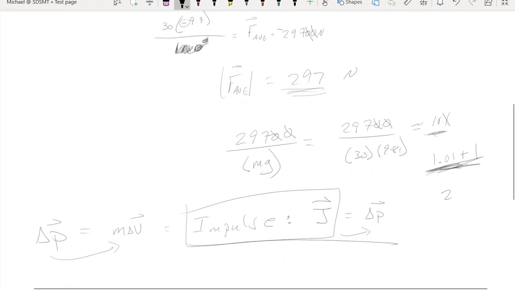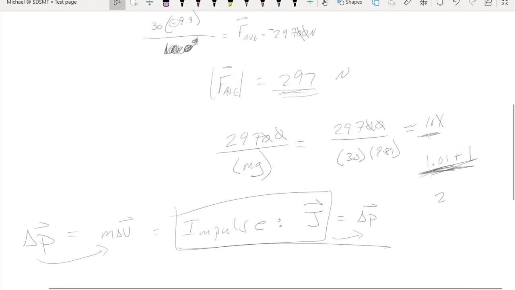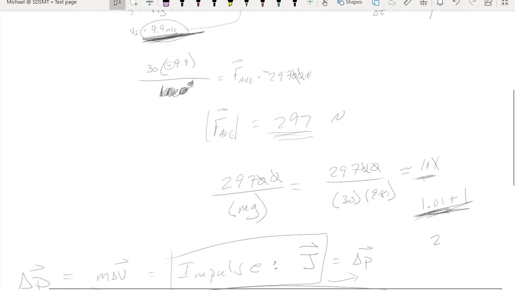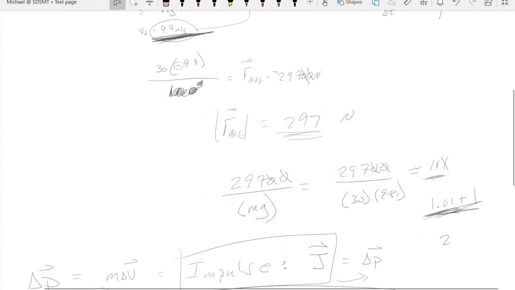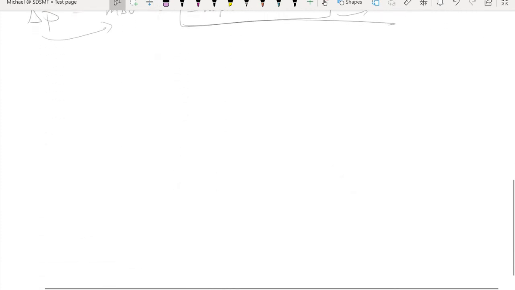But just that simple act of allowing your body to go limp and rolling and extending that time interval has taken us from having to experience 100 times our own weight to just twice our own weight. And that could be the difference between life and death.